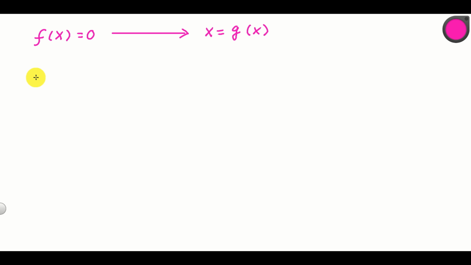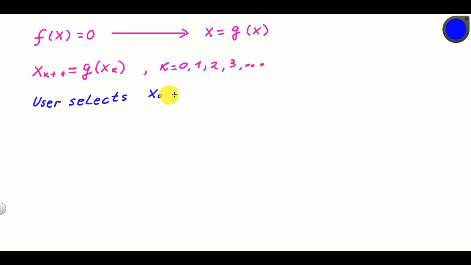Then the third step is to define the fixed point iteration on the basis of this equation. That is, we define this iteration, xk plus 1 is g of xk, where the fixed point iteration is propagated for k is equal to 0, 1, 2, 3, etc.